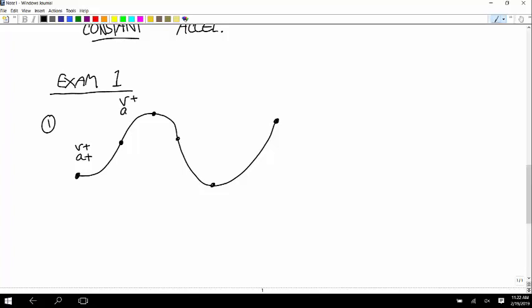It's concave down, so acceleration is negative. The third one, velocity is negative, acceleration is negative. The fourth one, velocity is negative, acceleration is positive again, because now it's gone from concave down to concave up. And then the last one, velocity is positive, acceleration is positive.